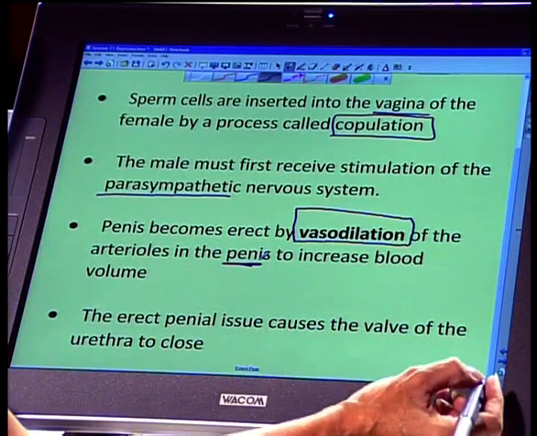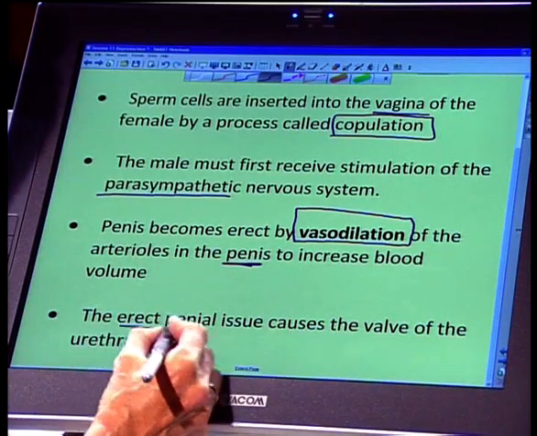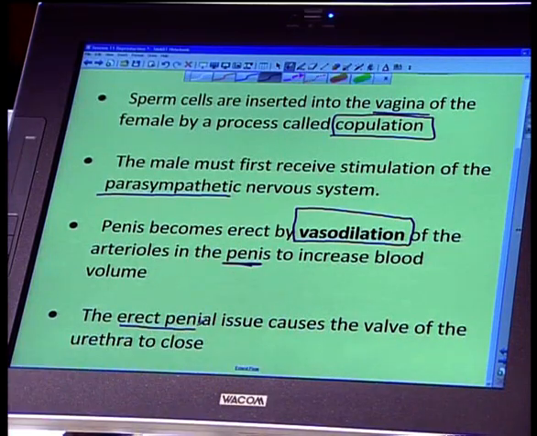you're going to find vasodilation. Vasodilation means that the blood vessels dilate. When those blood vessels dilate, they become larger, and it means that more blood can flow into the erectile tissue, which is in the penis. And then the penis can become erect. A penis that is not erect cannot get the sperm into the female.